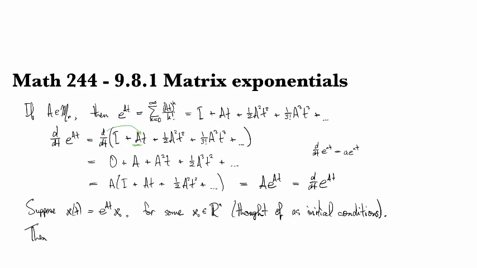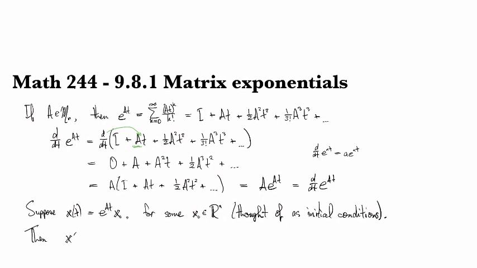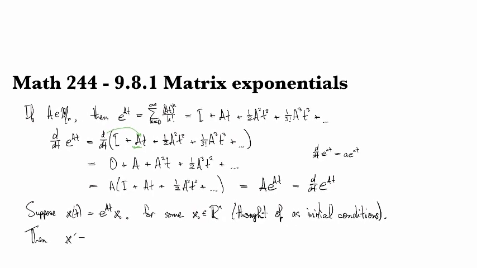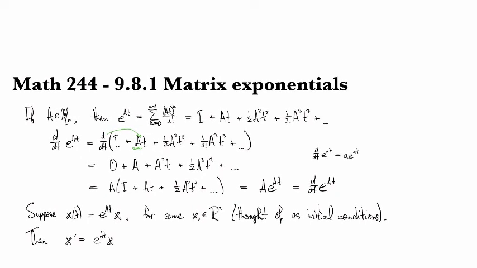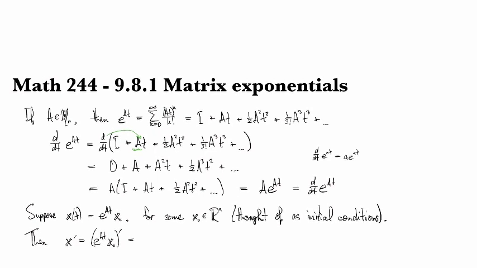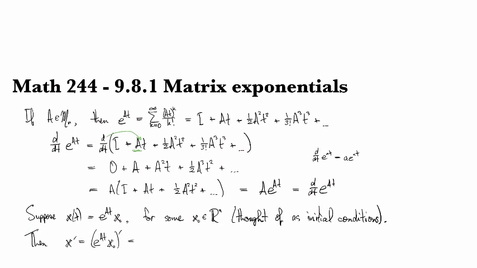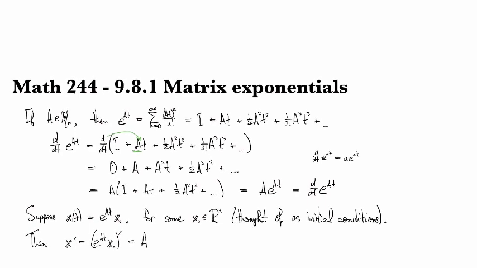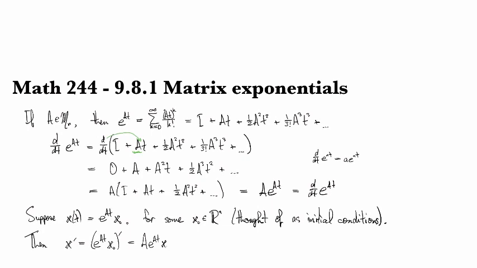If you look at x prime, this is e to the At times x naught, and the derivative, as we just saw, is going to ignore the vector of constants and just hit the exponential. So it'll give us A e to the At, and the x naught will be left alone.